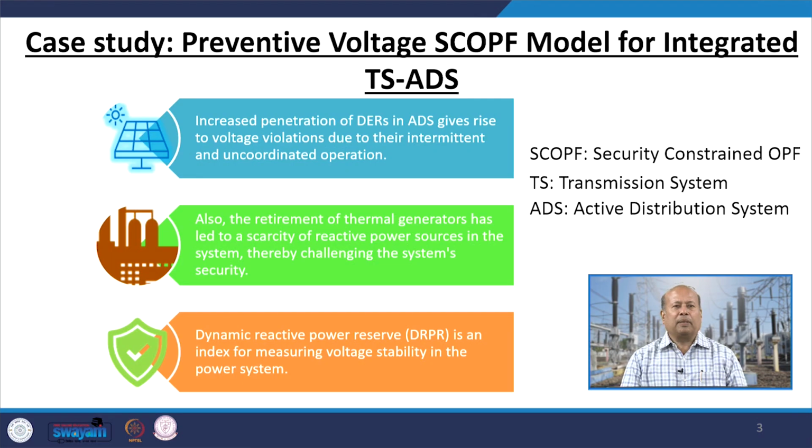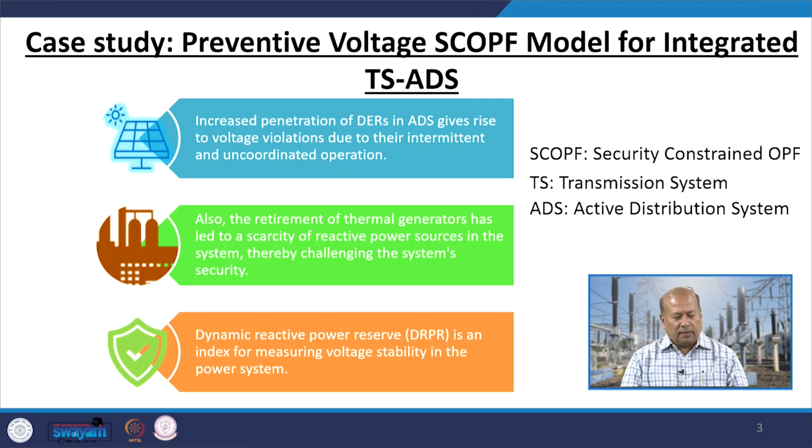Now, first of all, let us try to understand the challenges. Increased penetration of distributed energy resources in the active distribution system gives rise to voltage violations due to their intermittent and uncoordinated operation. As you all know, because of the intermittent nature of distributed energy resources, which may inject more energy sometimes and less energy at other times, voltage violations occur.